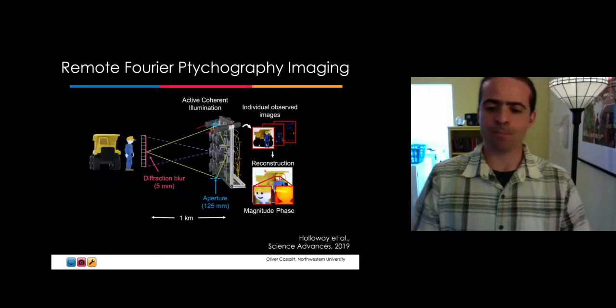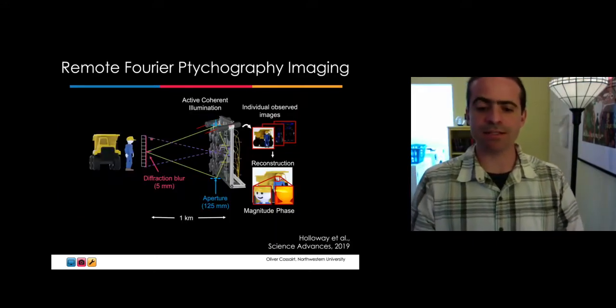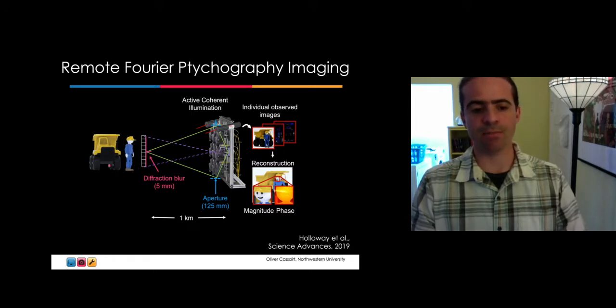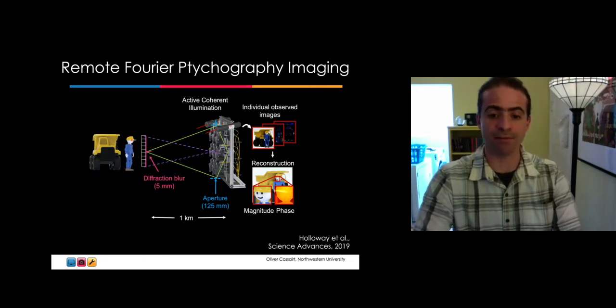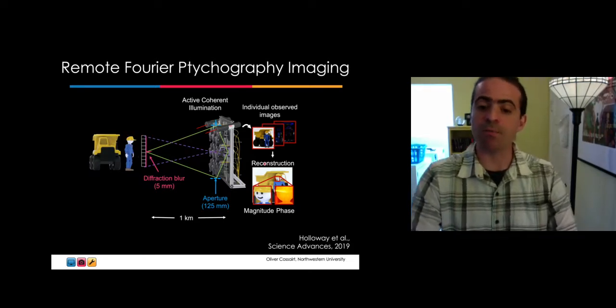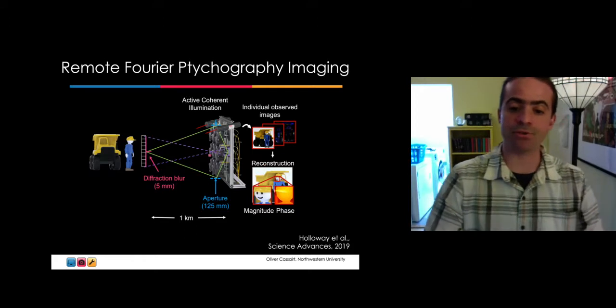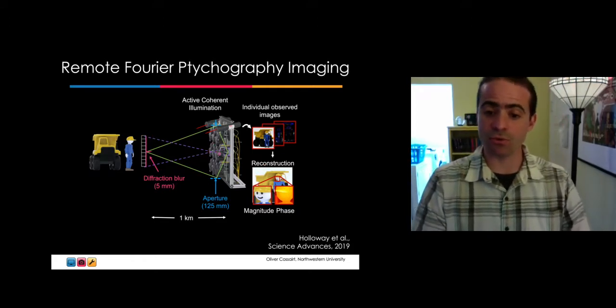I'll just give you a couple of examples of some of the successes here. This is an example of a technique called remote Fourier ptychography imaging. The idea here is that you want to image an object at long distance, for instance a person, and you want to be able to identify their face. Ultimately, this problem is limited by the size of the aperture of the lenses that you use for your cameras.